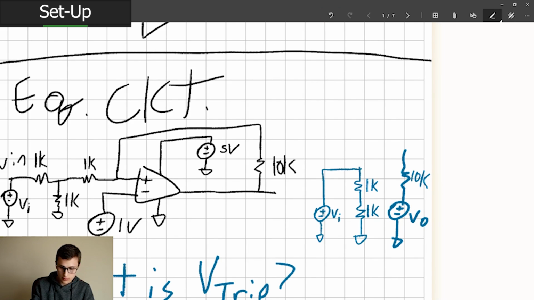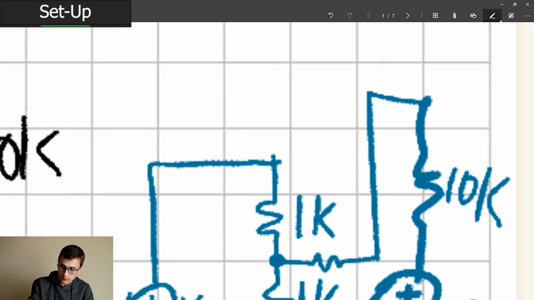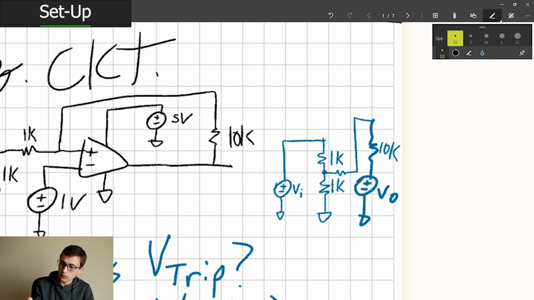And then there is an additional resistor coming off of this node right here. And then where is that node? This node right here is the critical one.